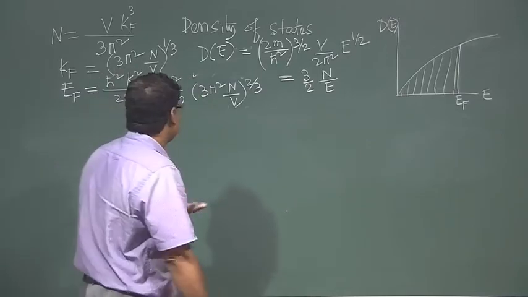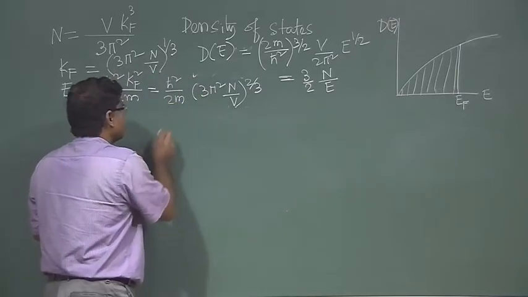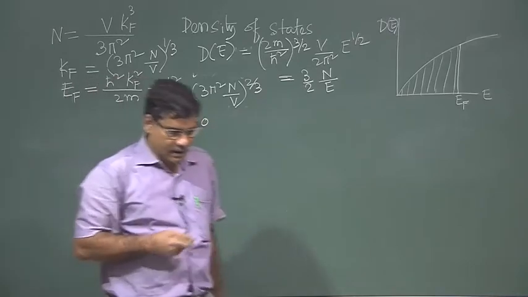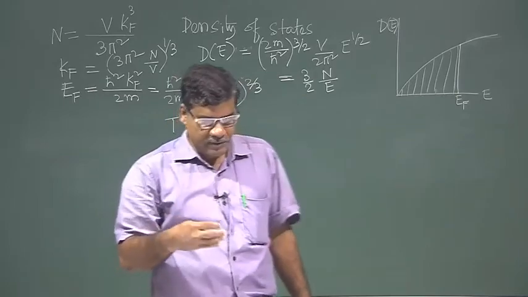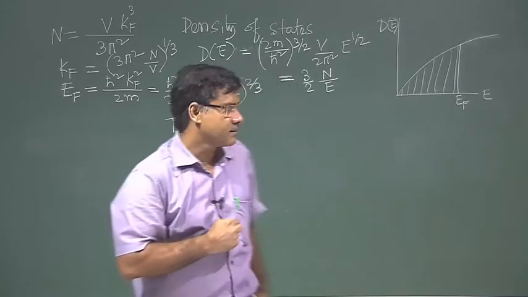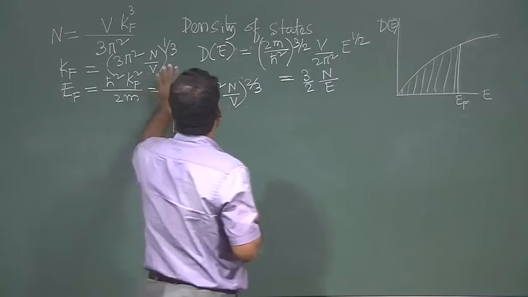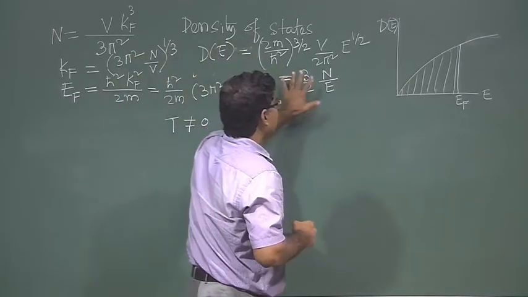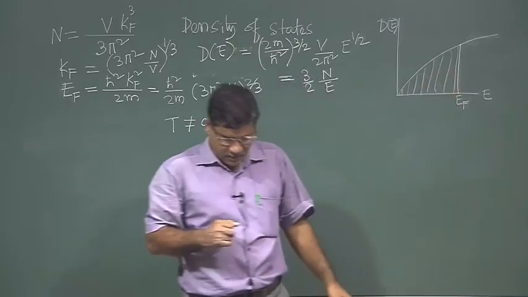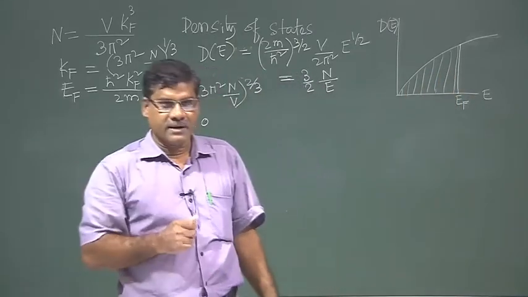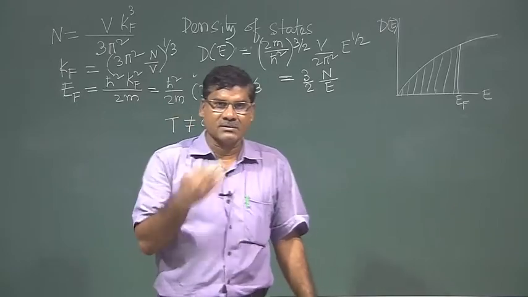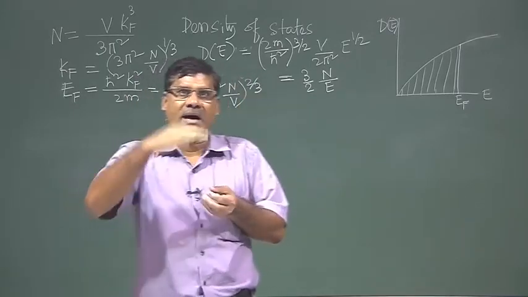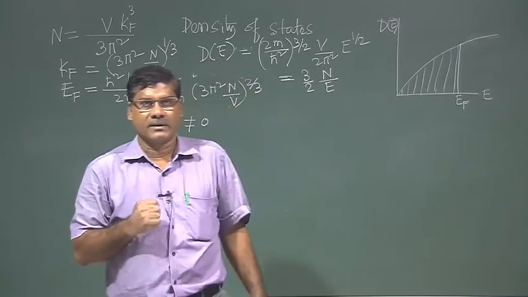But what will happen when temperature T is not equal to 0? Then how will the electrons be distributed in the orbitals? That is the question. Here, for this density of states expression, we assumed that, following the Pauli exclusion principle, starting from the lowest level they are filled up to the Fermi level.